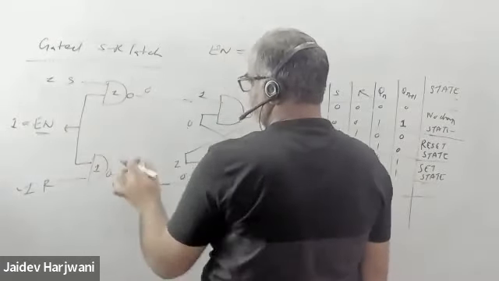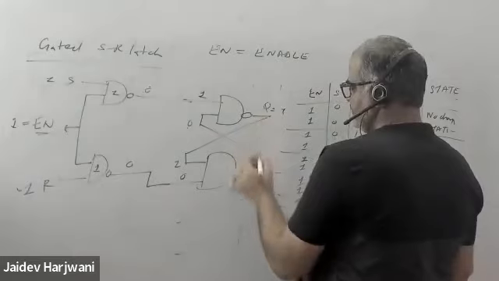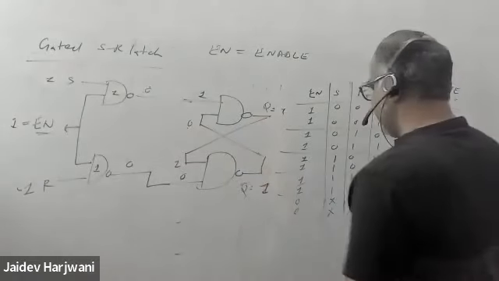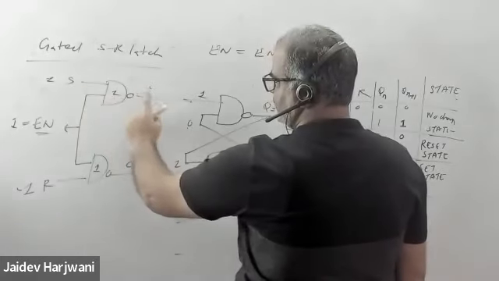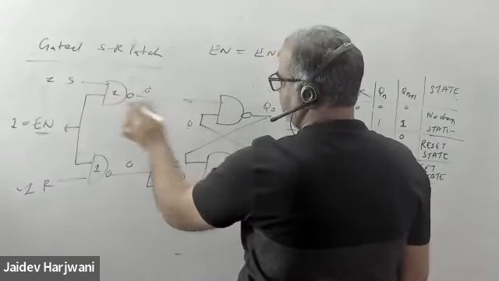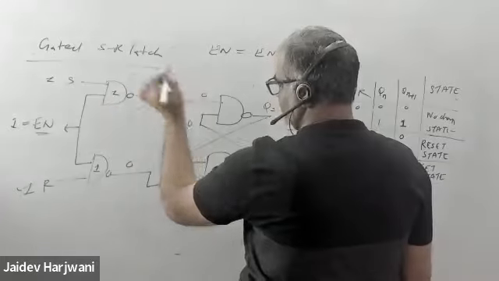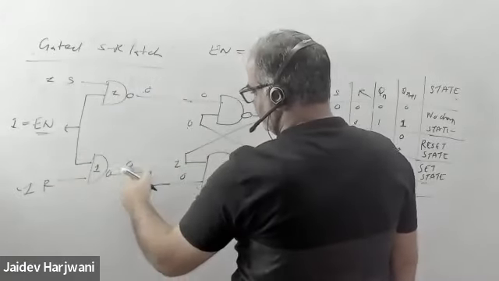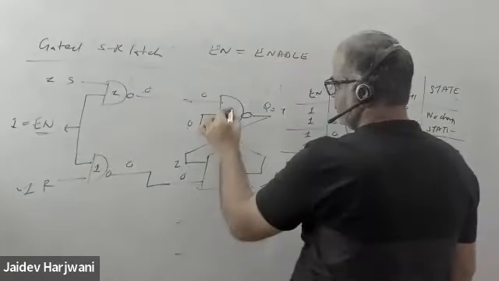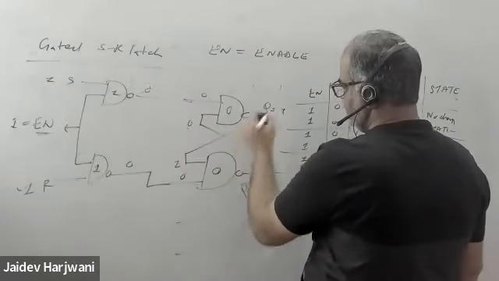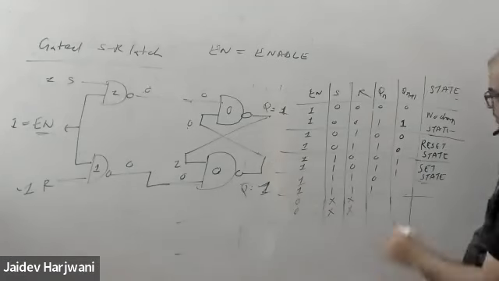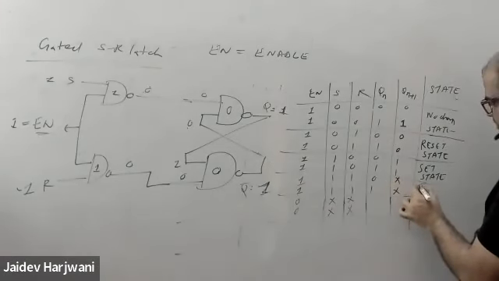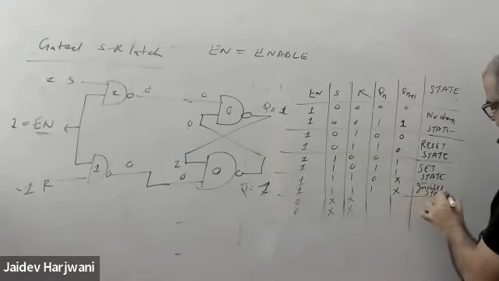This 0 goes here, this makes everything 0. So you get 1 out, 1 out. This is your invalid state.